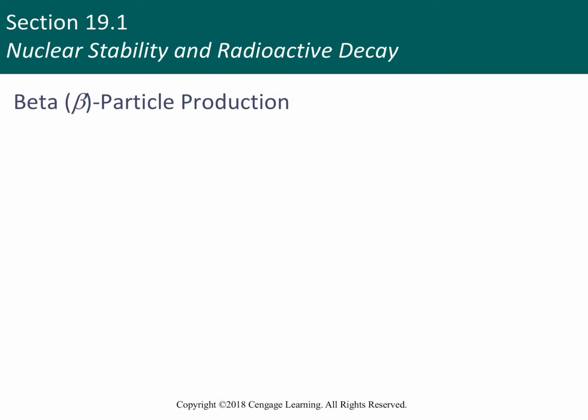Beta decay. Beta decay occurs when an unstable nucleus emits an electron. So how does a nucleus, which contains only protons and neutrons, emit an electron? Remember that the nucleus is in the middle of an atom, and it has protons and neutrons, which are neutral. The electrons are a cloud around the nucleus.